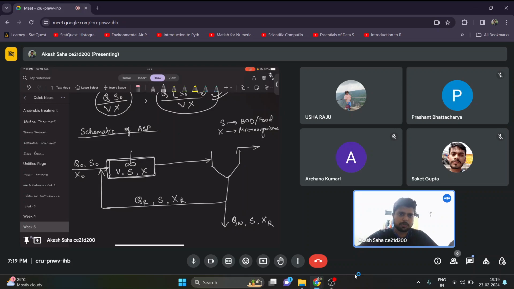That's what I'm assuming, because after that in the settling tank only settling is happening. There will be no decomposition of this biological matter. So S will remain the same. I am assuming that S will neither increase nor decrease. Nothing will happen to it. It will remain the same. Is it okay?